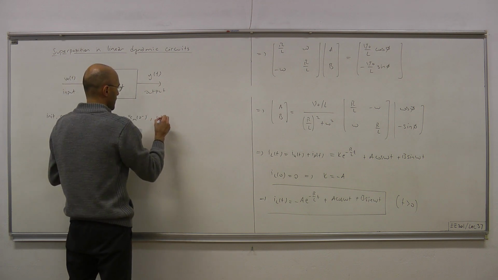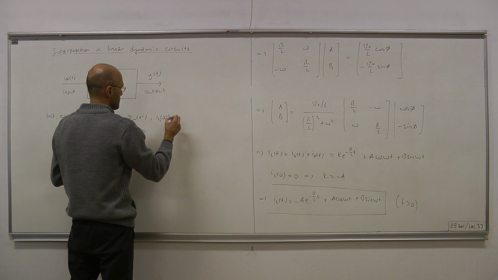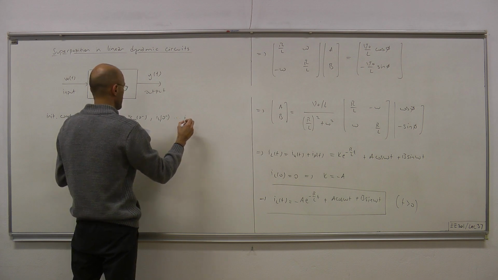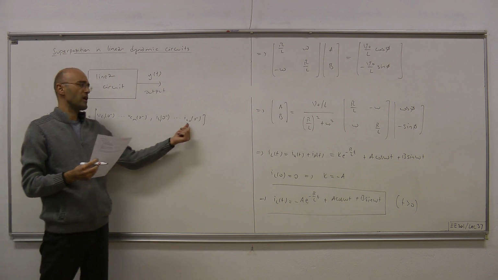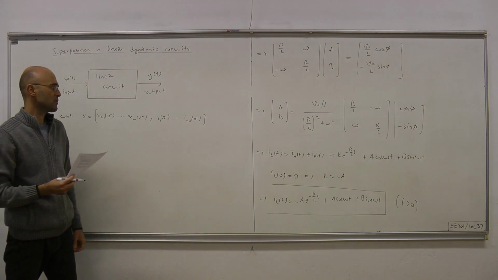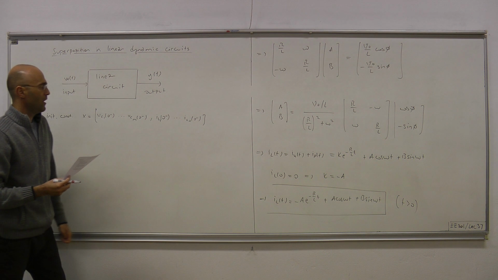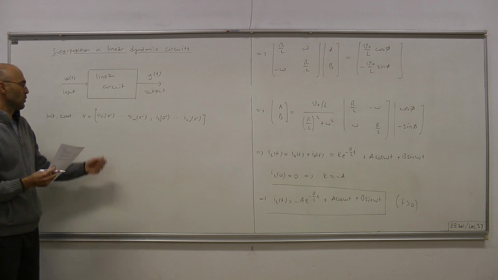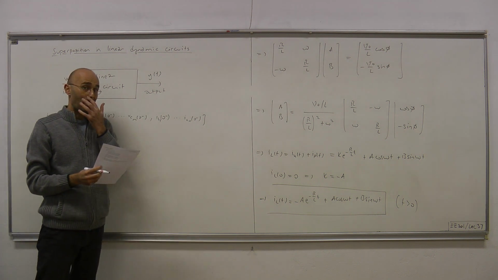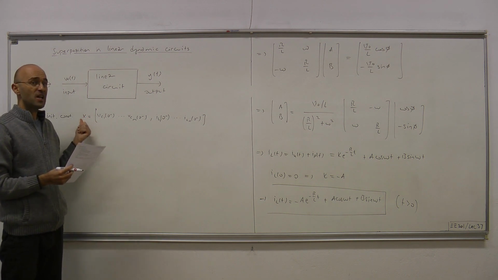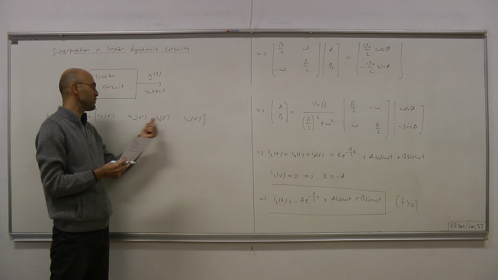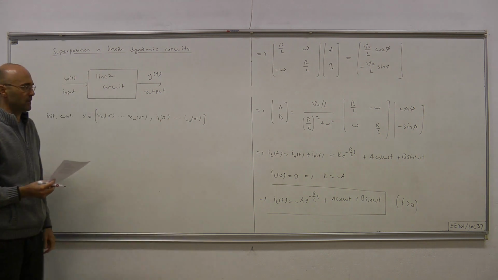And I_L1(0-), ..., I_Ln(0-). Suppose we have n initial inductor currents. So n plus n makes an initial condition vector of size n plus n. So this is an n plus n order circuit.